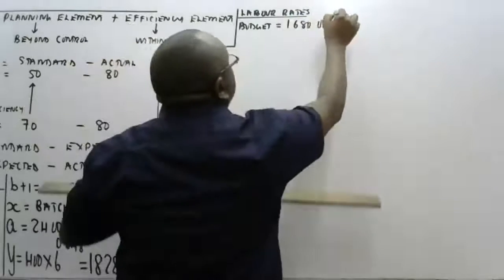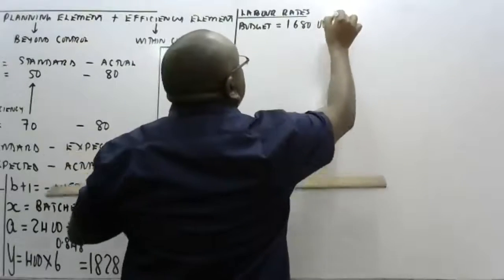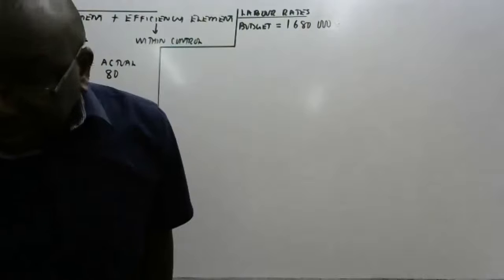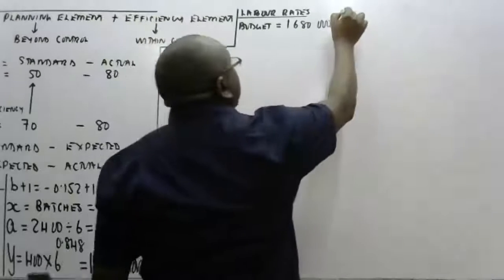Now this one you divide by the number of hours, 2,400.